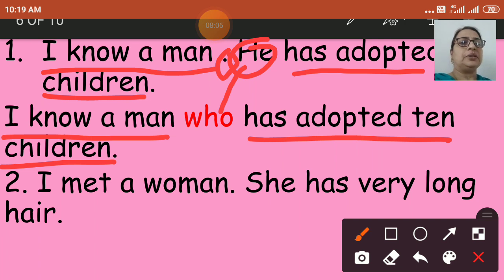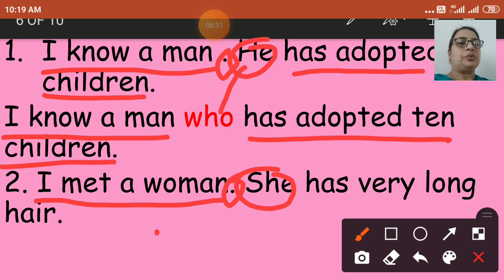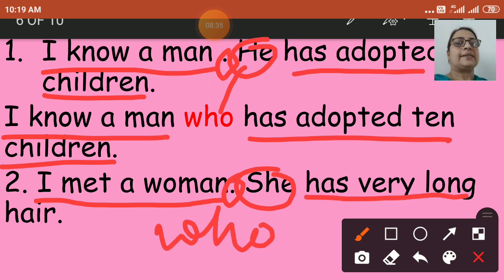I met a woman. First sentence, she has very long hair. I met a woman, she has very long hair. So what we learn, how to join these sentences using who? First thing, we are going to copy down this sentence as it is. I met a woman. Then we are going to remove this punctuation mark. And then instead of this pronoun, we are going to use who to join this second sentence.